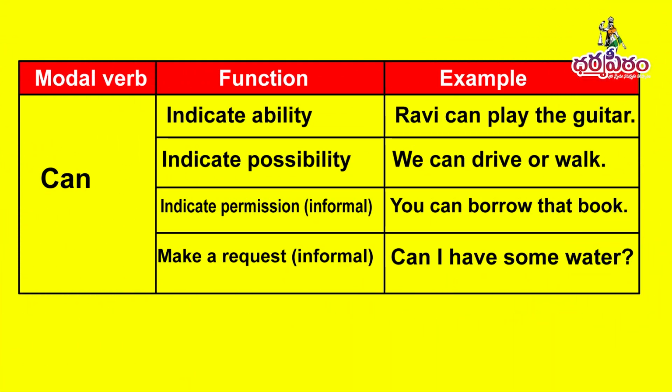Third one, indicating permission. Here the problem is it's an informal permission. Informal means not an official one. This is not something that we usually get from the class teacher or a teacher in the class or my superiors, people like that.